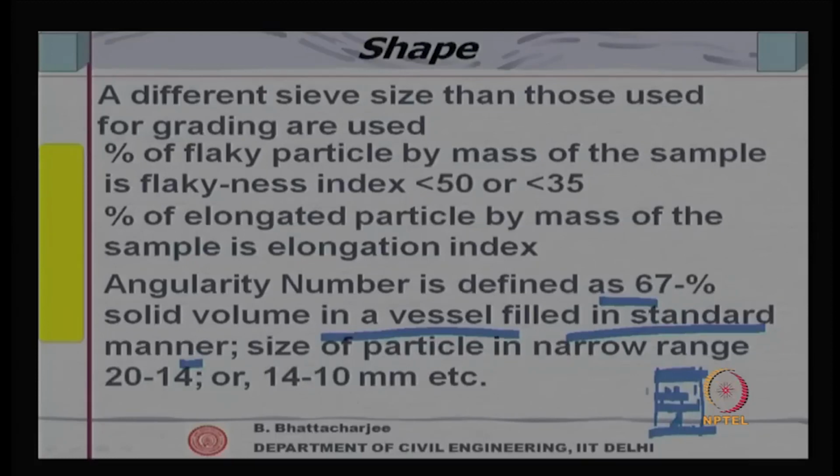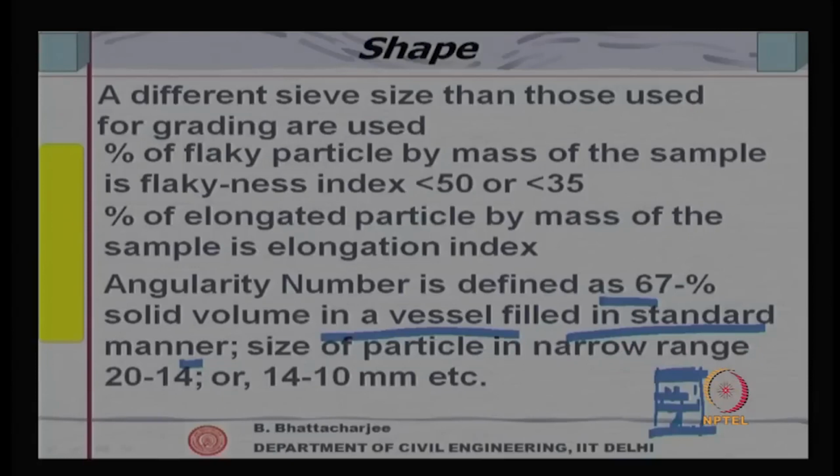Then you find out the solid volume in the vessel. The solid volume is known because you know the mass of aggregate that has gone in, divided by the specific gravity of the aggregate.